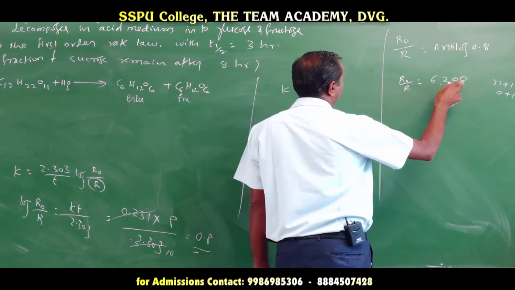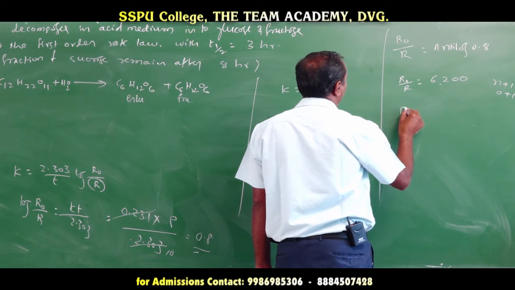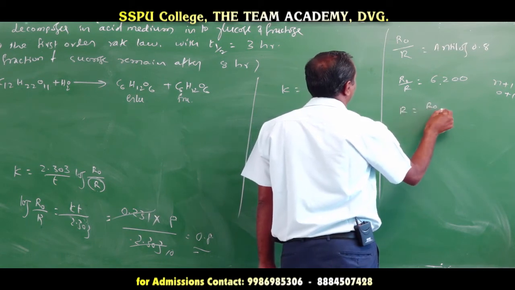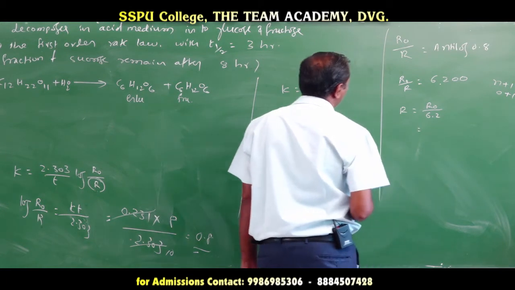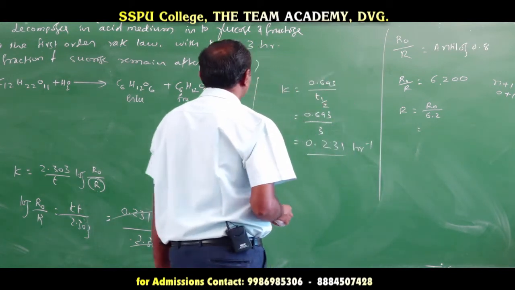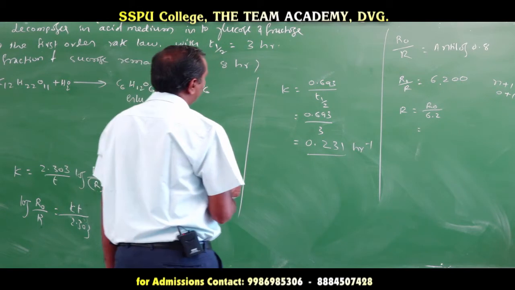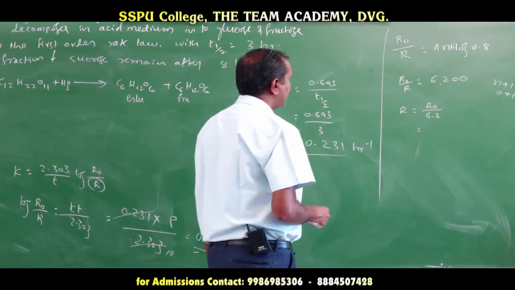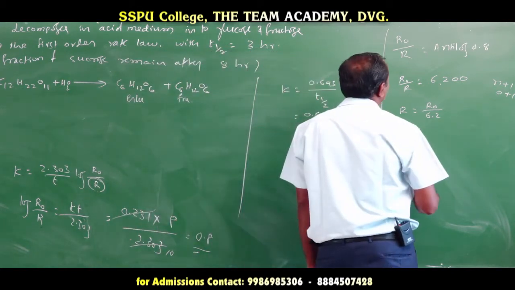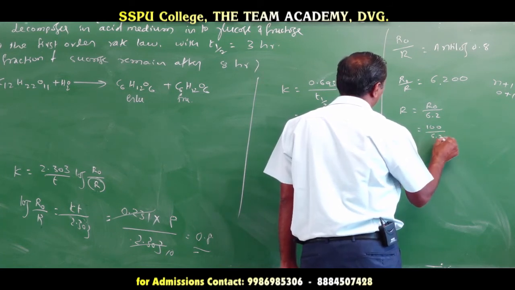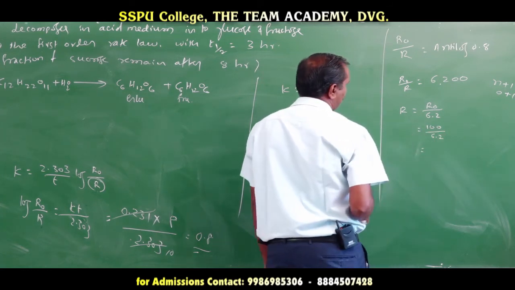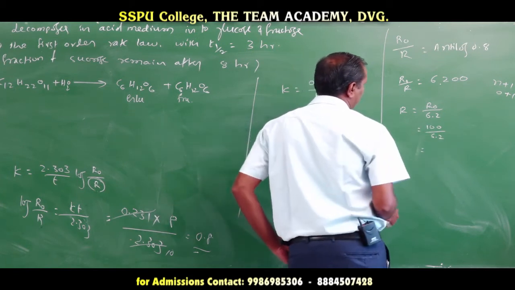So R naught by R is 6.2, where R equals R naught by 6.2. If you assume R naught value is 100, then it becomes 100 by 6.2.